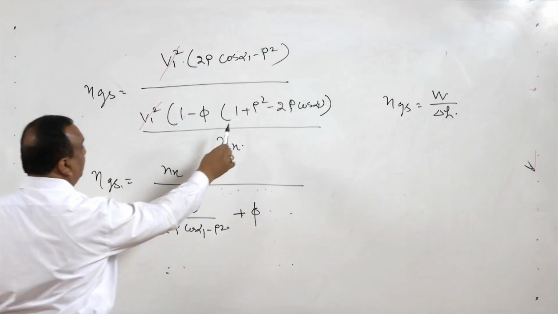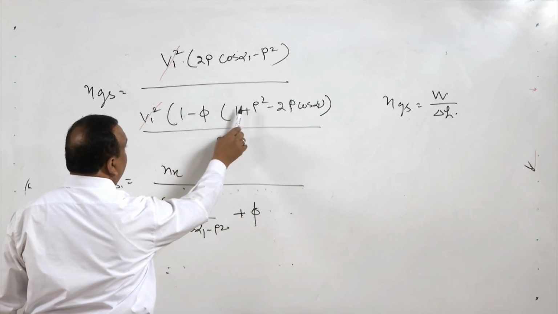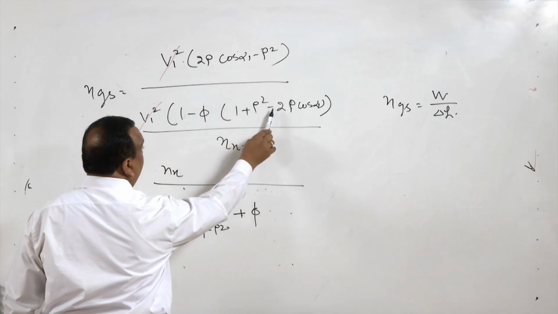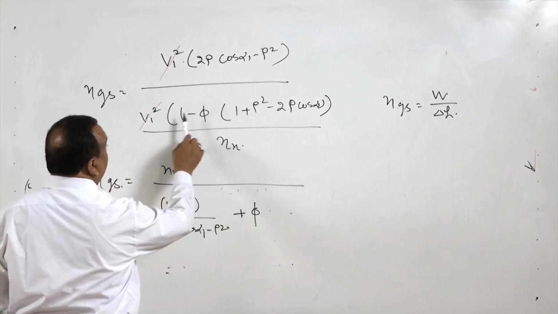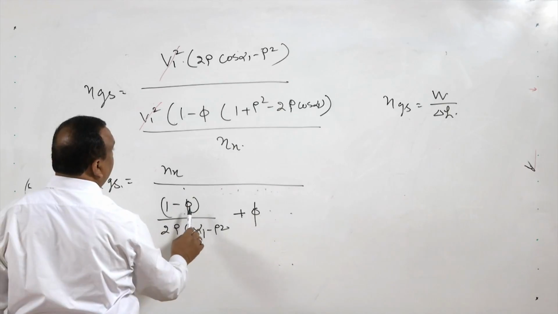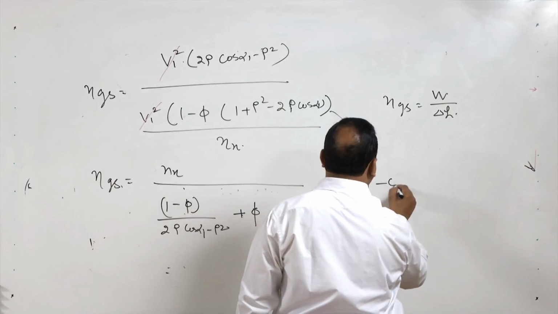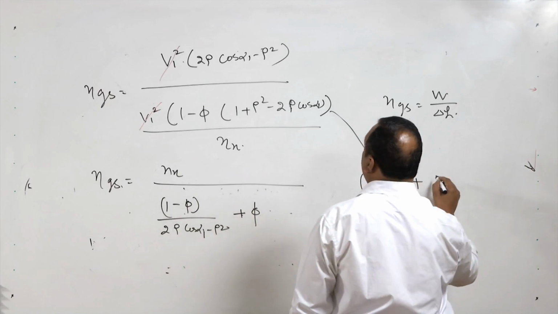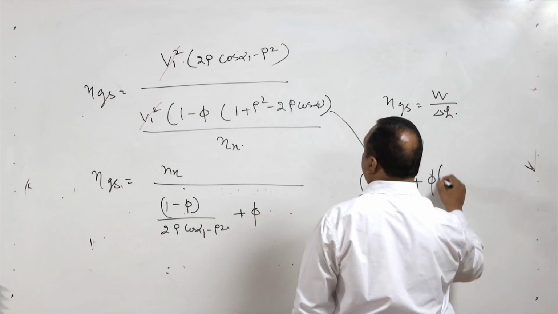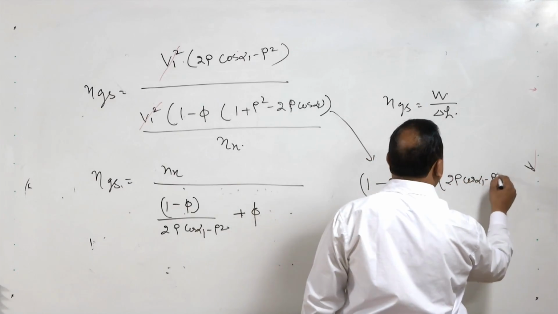So, if we take this minus inside, it will become 1 minus phi minus rho square plus 2 rho cos alpha 1. 1 minus phi we have taken as one expression. So this is nothing but 1 minus phi plus phi 2 rho cos alpha 1 minus rho square.